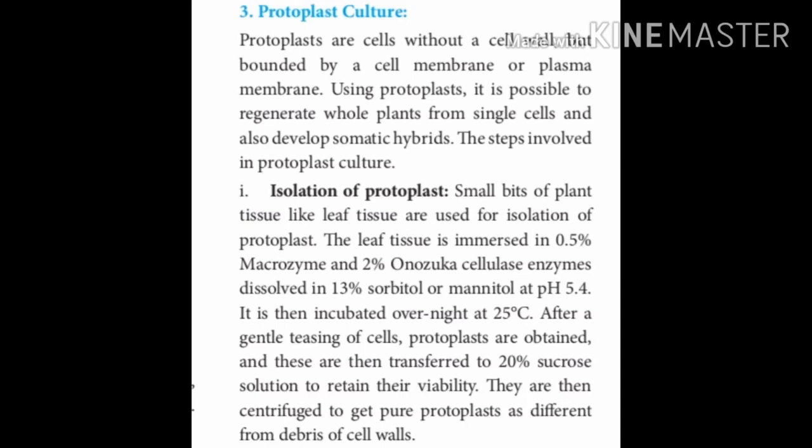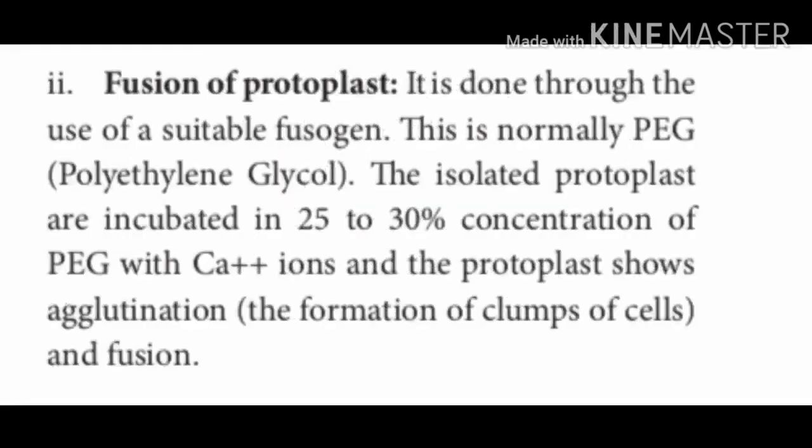After a gentle teasing of cells, protoplasts are obtained and these are transferred to 20% sucrose solution to retain their viability. They are then centrifuged to get pure protoplast as different from debris of cell wall. So this is how we isolate. Now the protoplast is isolated. Let's move into our next step.